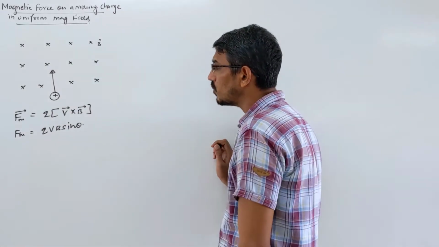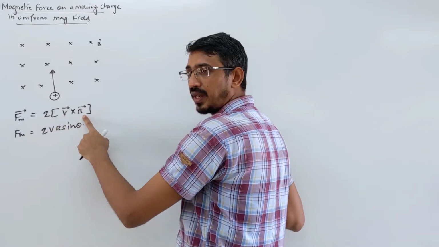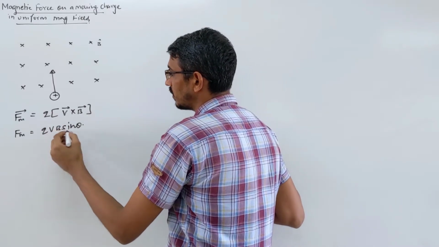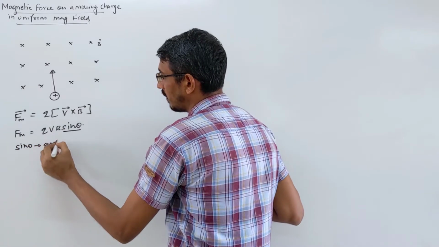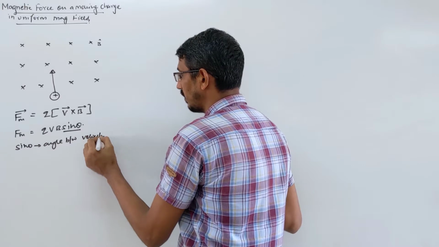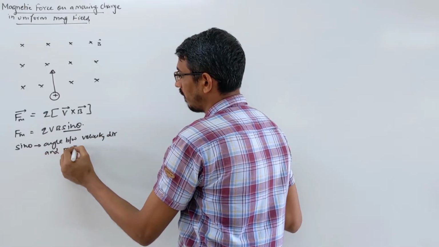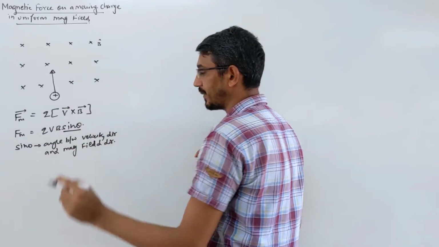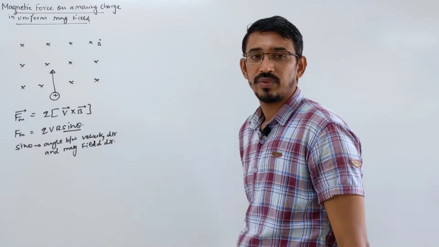Watch carefully: in vector form it's a cross product of velocity and magnetic field, and in scalar form it is sin theta, where theta is the angle between the velocity direction and the magnetic field.